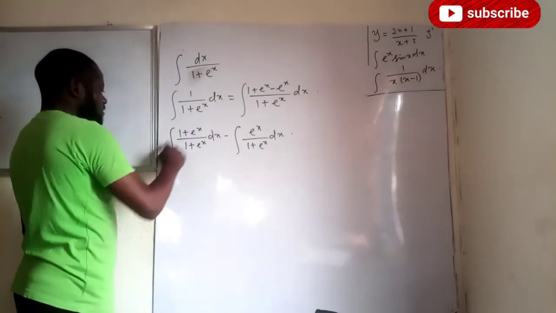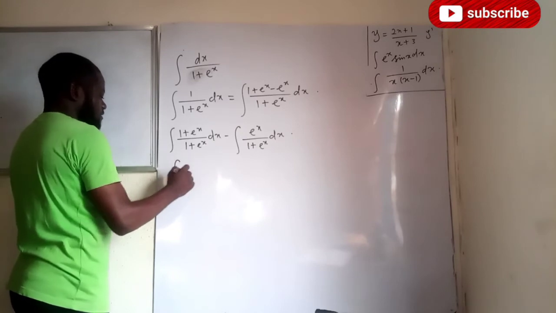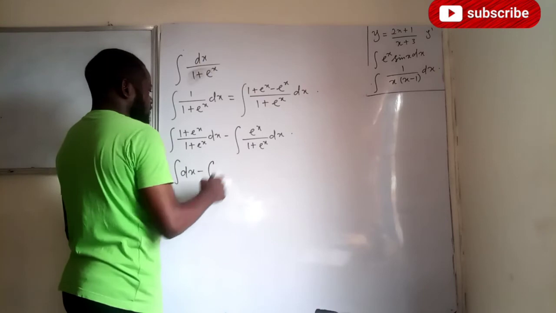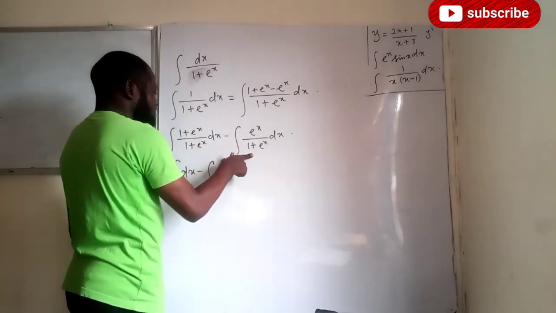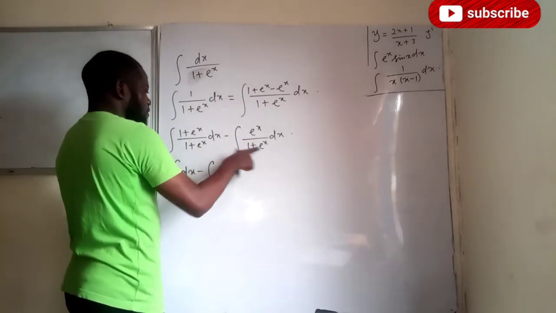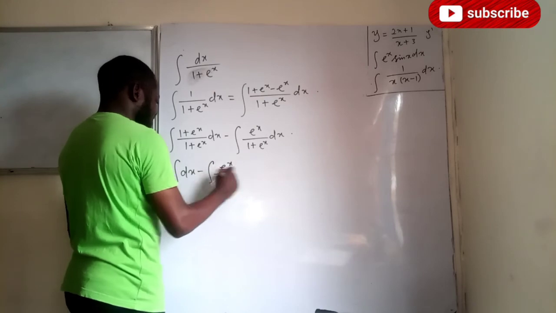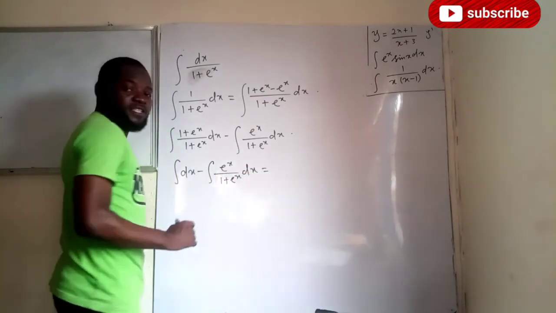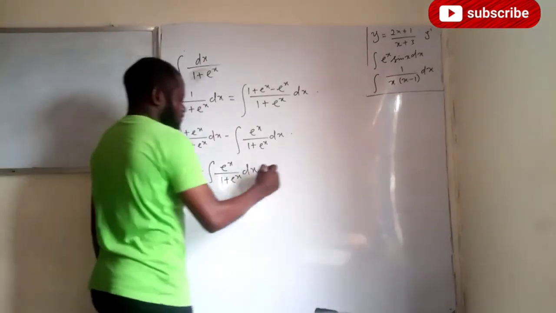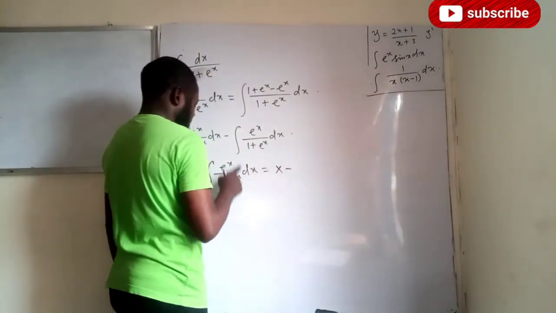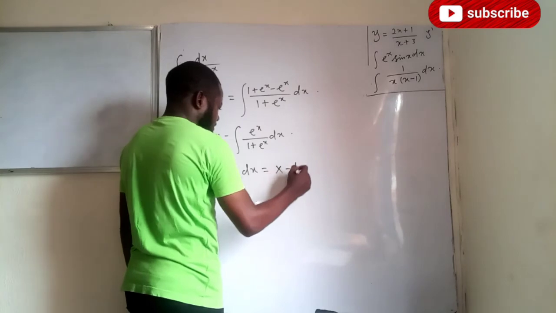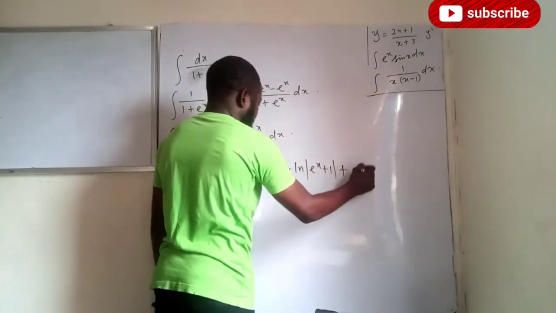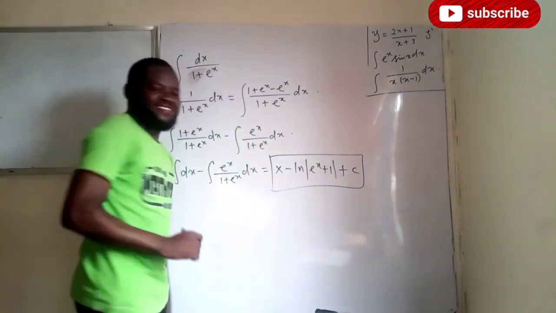Therefore, this will give us 1, so this is the integral of dx minus the integral of e to the power of x divided by 1 plus e to the power of x. Okay? I think this is quite awesome. And we are done with our result. The integral of this will give us x, minus the integral of this is going to give us ln of 1 plus e to the power of x, plus c.